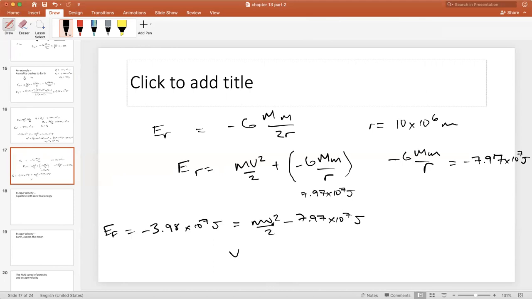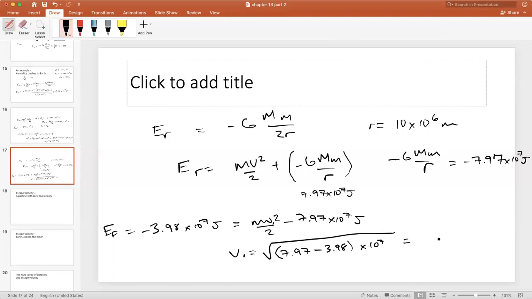So this was our initial speed, the square root, m was 2 over 2, so nothing, of 7.97 minus 3.98, all times 10 to the 7th. This gives us a little bit less actually, 3.99.